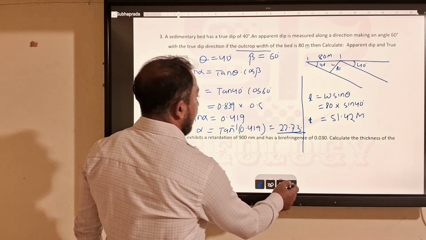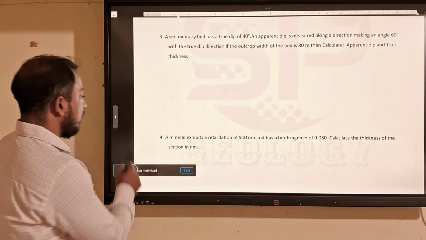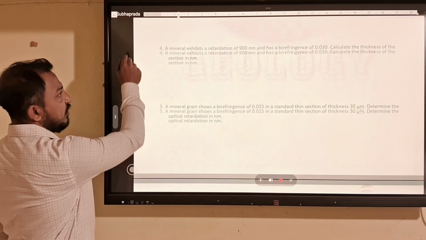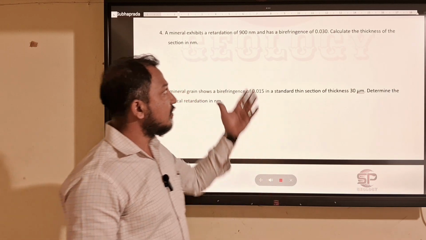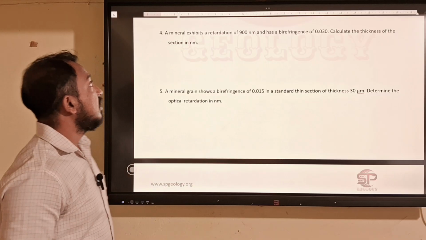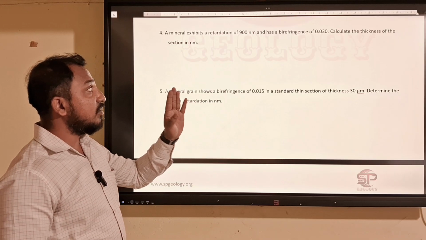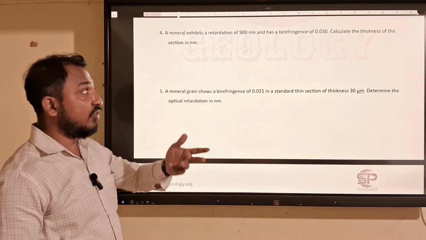Next, move to another type of problem which is very important for IIT-JAM. Almost every year you will find one of these questions. A mineral exhibits a retardation by birefringence, from which we will calculate the thickness.